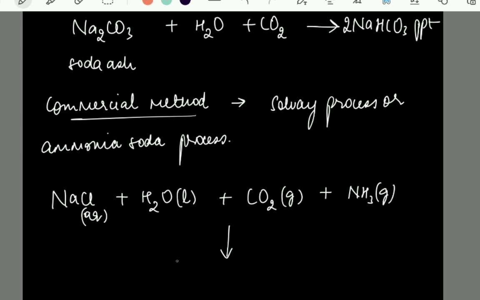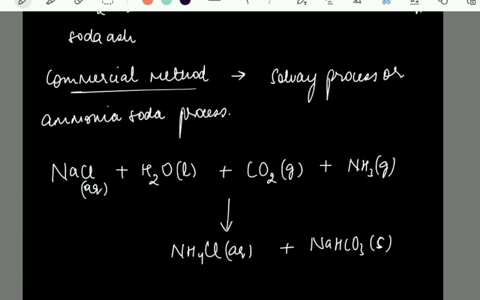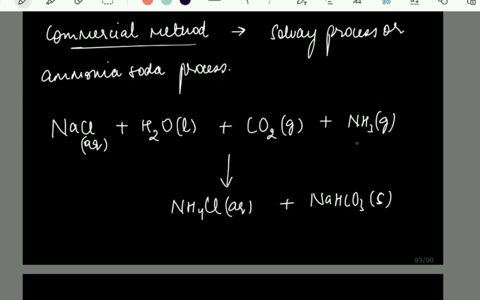So all these reagents are going to react and will give you ammonium chloride, which is aqueous, and sodium bicarbonate, which is in solid form because it's a precipitate. Now in this, ammonium chloride is formed, which is not required over here, but we can decompose it to get ammonia, which is our reactant, and we can regenerate it, and HCl is formed.